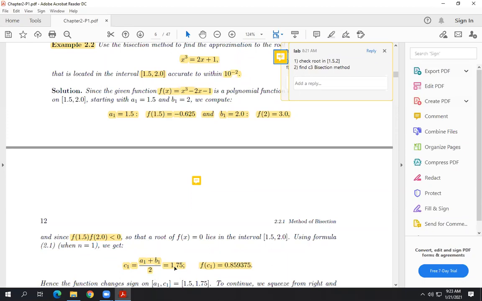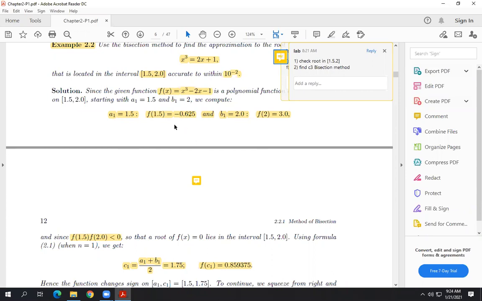But the teacher says find the third approximation. That means you have to use the formula one more time. When you finish here, how many approximations do you have? 1.5, 2, and the new one, 1.75. You have to pick only 2. And how to pick 2? They should have opposite signs. What is it at A1?